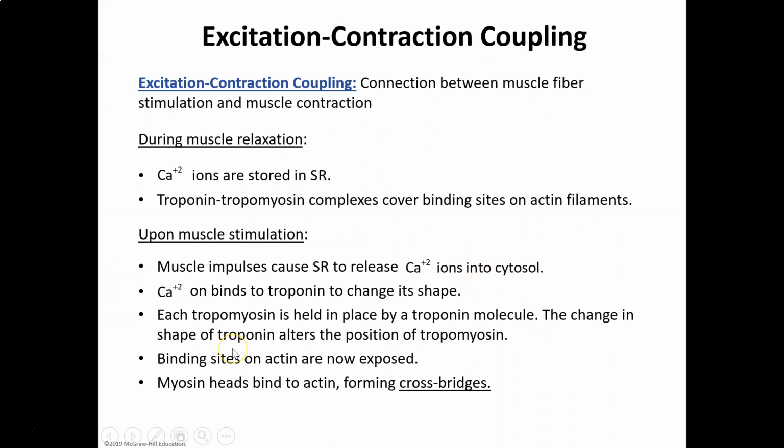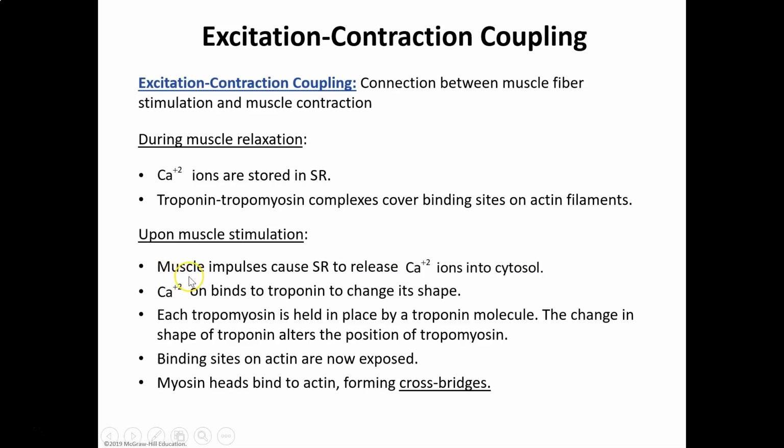So here's the pathway, right? Upon muscle stimulation, you have to have the motor neuron cause transmittance of acetylcholine across the synaptic cleft onto the muscle cell membrane.